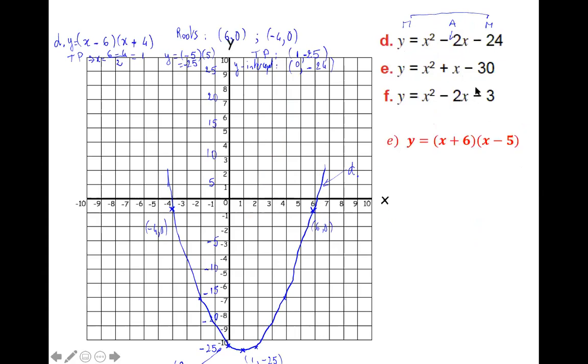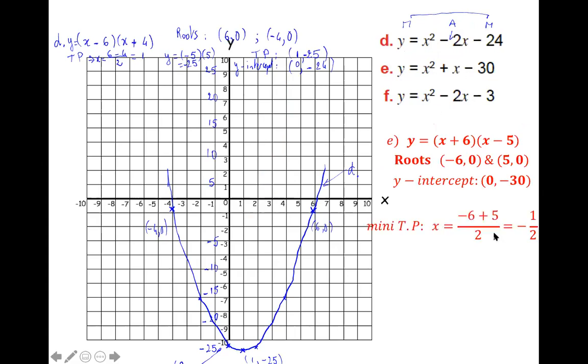E factorized, roots negative 6, 0 and 5, 0. Y-intercept when x equals 0, y equals negative 30. Minimum turning point: x1 plus x2 divided by 2, that's negative a half.